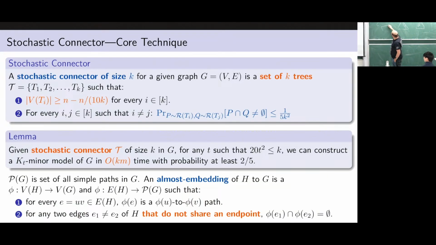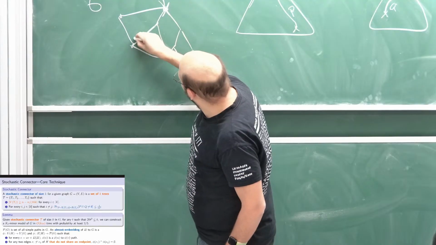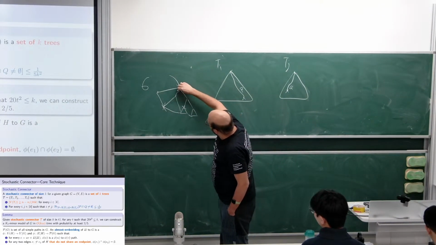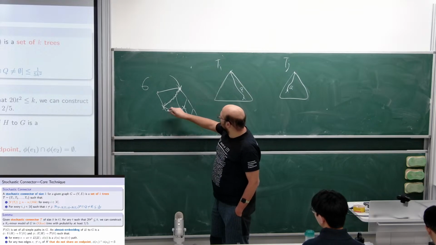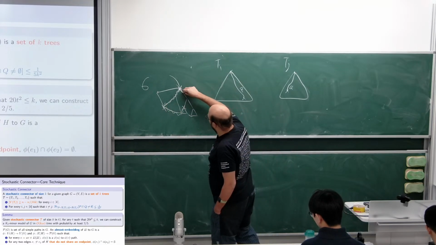I have some graph, and I would like to place there some vertices of H, maybe those 3, and I would like to map edges of H to paths in G.